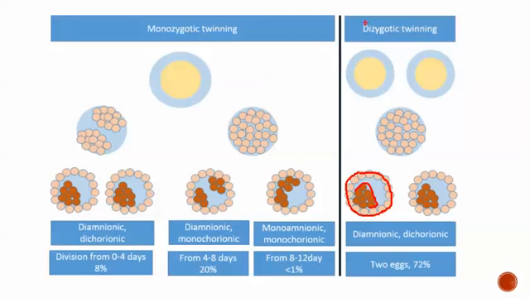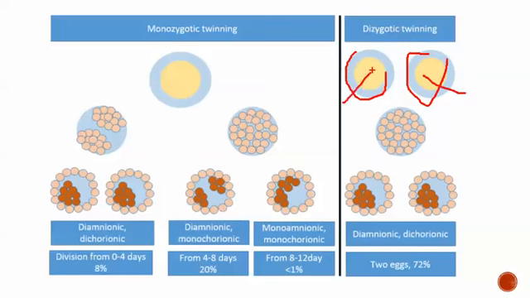All right, the reason that this is important for twinning is because it helps explain what's going on when you're thinking about, well, are we diamnionic or monoamnionic, dichorionic, monochorionic, or whatever. So with dizygotic twinning, this is the easiest one to remember because essentially you're just like siblings, but you happen to be in the uterus at the same time together. So you have two eggs, right?